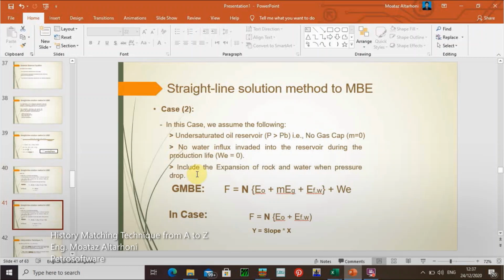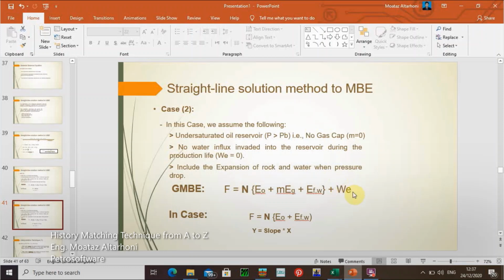So in the next case, we will see an undersaturated oil reservoir above bubble point with no gas cap, because the reservoir pressure is above bubble point. And we will assume also no water influx invaded into the reservoir. Here in case 2, I will include the expansion of rock and water when the pressure is dropped.